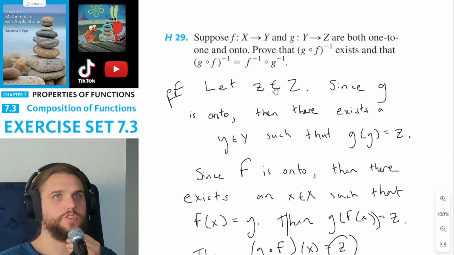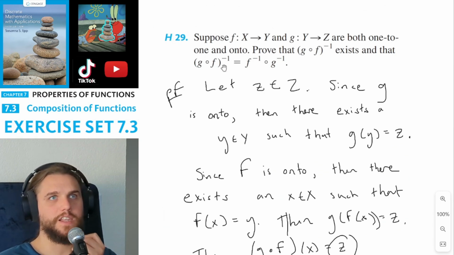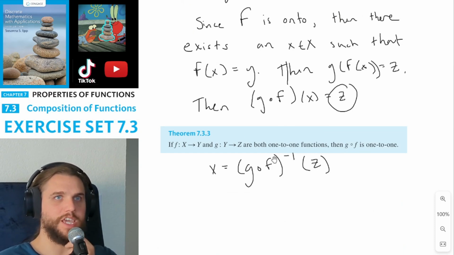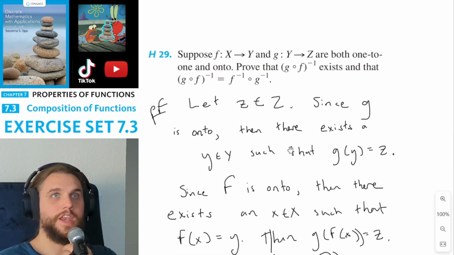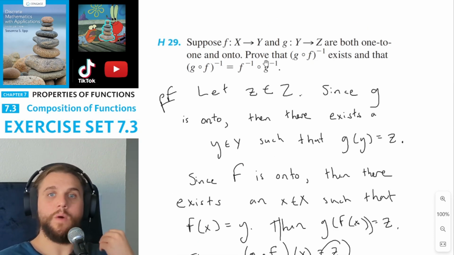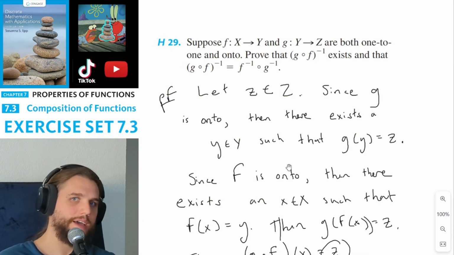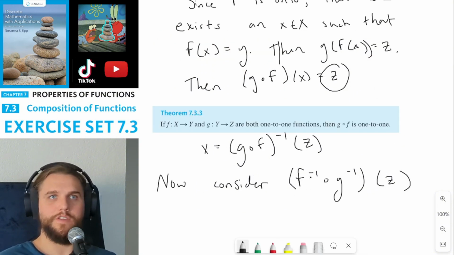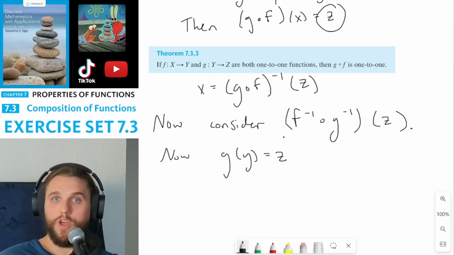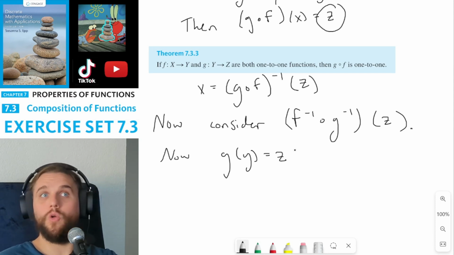So what we've shown so far is that when we plug z into the left-hand side, we get this element x specifically as the output. Now we need to show that if we plug z into the function on the right, we also get the same x. So let's consider f inverse composed with g inverse of z. And remember that g of y equals z. g is a 1-to-1 and onto function, so y is the only input that's mapped to z with the function g.